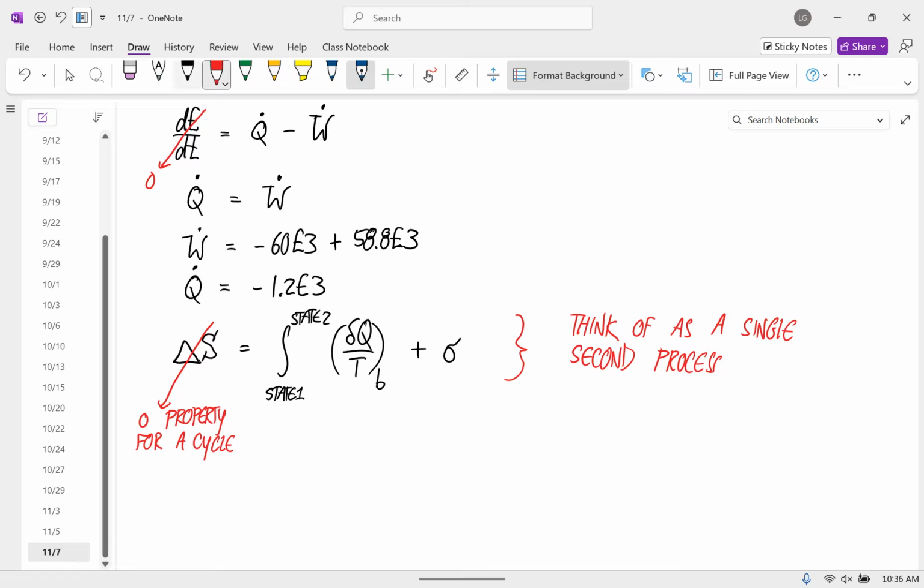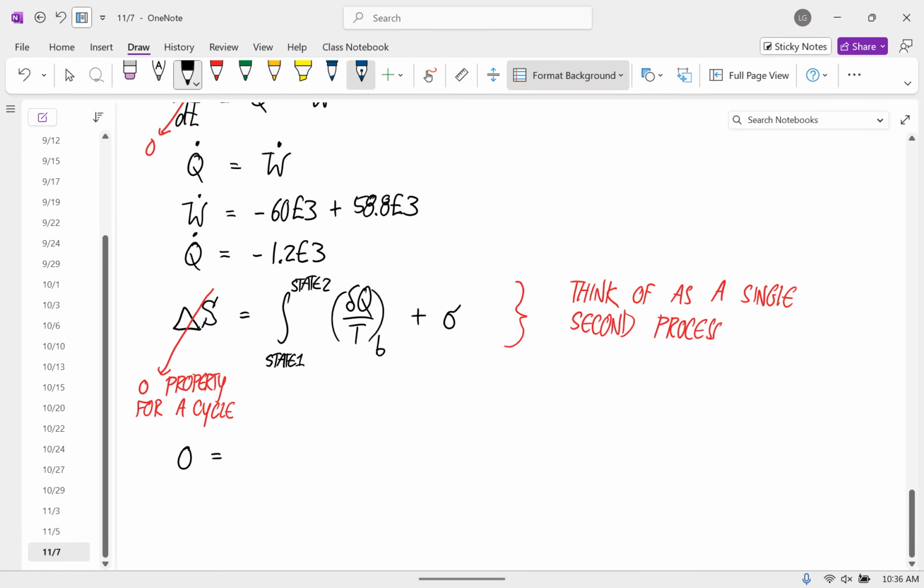And now we can calculate this. So we have 0 is equal to the heat transfer divided by the temperature, plus sigma. We know that the total heat transfer is negative 1.2 times 10 to the third. The temperature is 300 Kelvin.